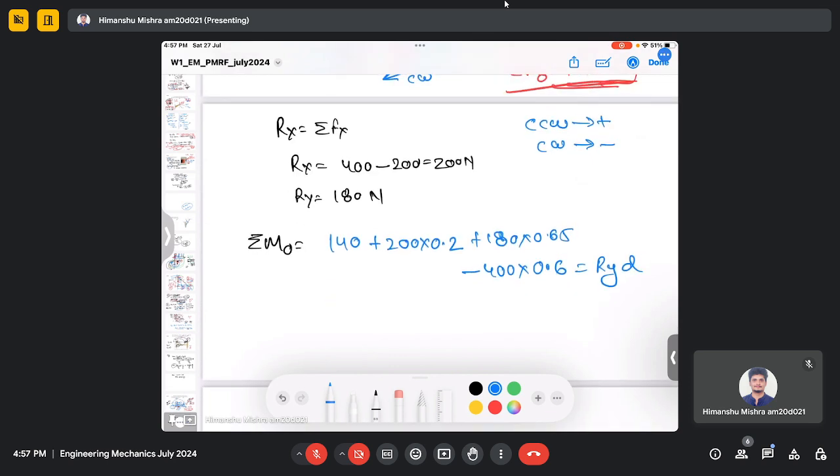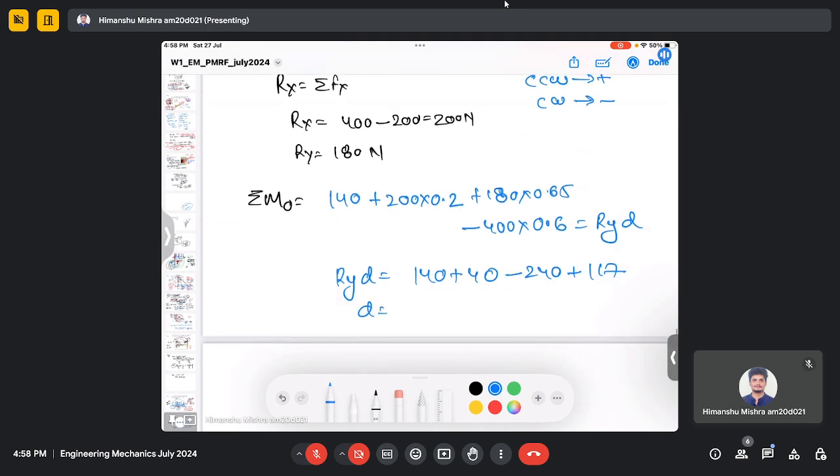Okay, so Ry times d will be 140. So this is 40, this is 240 plus 117.